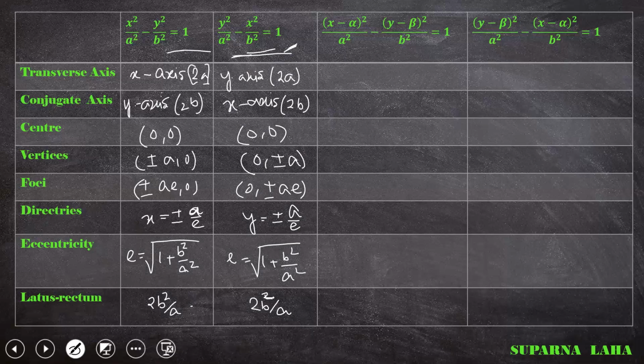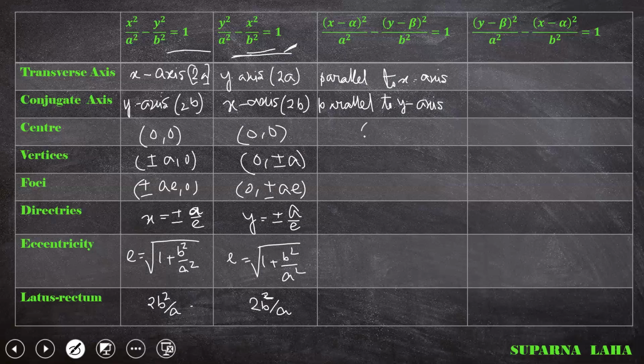This is the equation of the hyperbola, and here the transverse axis of the hyperbola is parallel to the x-axis, but the length is 2a, and the conjugate axis is parallel to the y-axis, and the length is 2b.